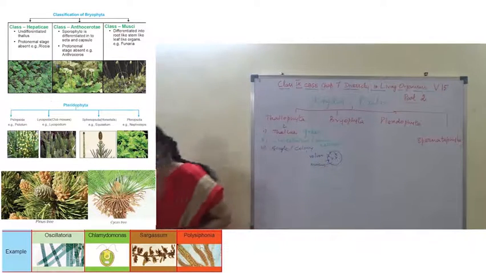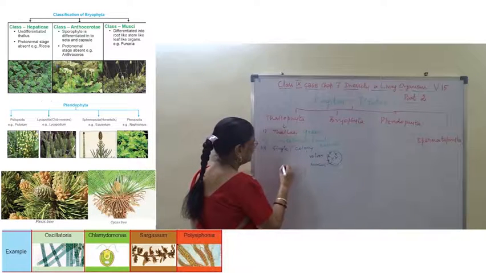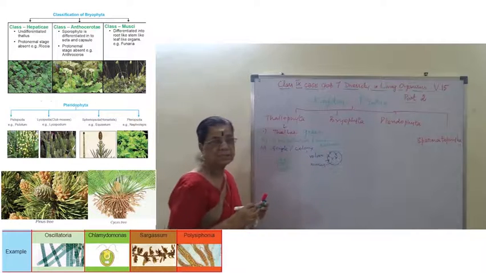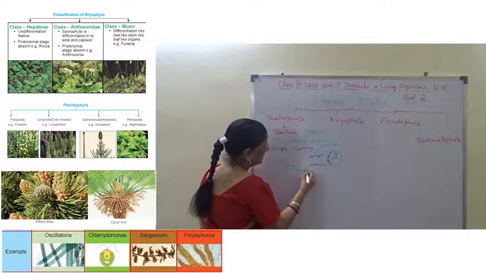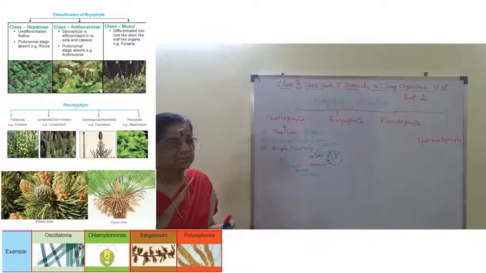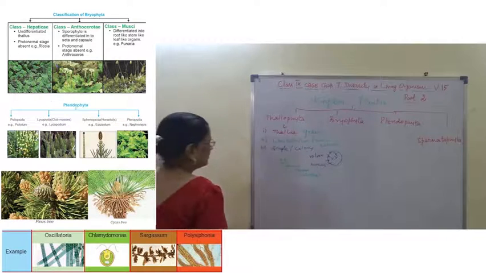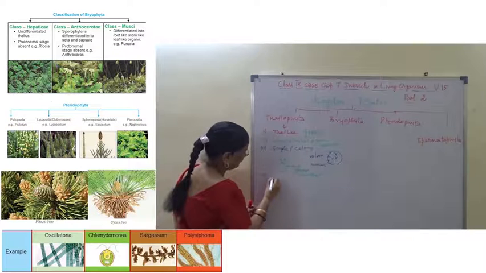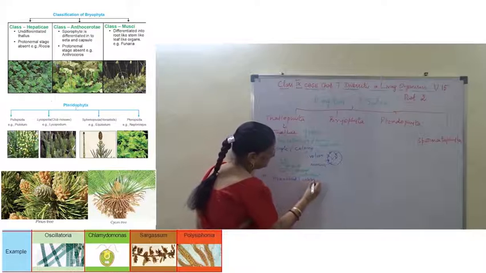Whereas Chlamydomonas is a single-celled organism like this, characterized by the presence of a cup-shaped chloroplast, a characteristic of this organism. And then, the thallus may be branched or unbranched.